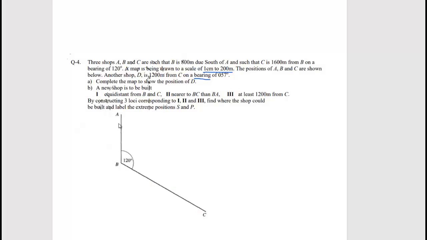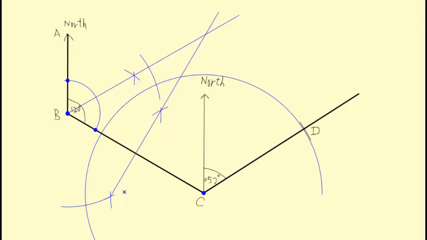Now we will read the B part again. A new shop is to be built equidistant from B and C. So the locus which is equidistant from B and C is this perpendicular bisector. It means that the shop will be on this line.